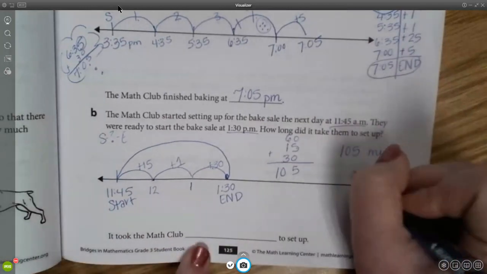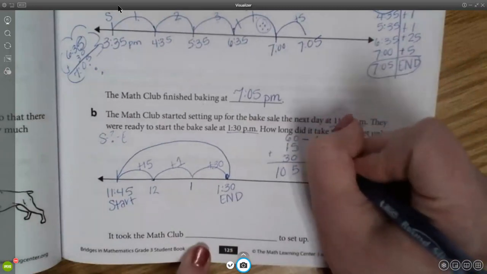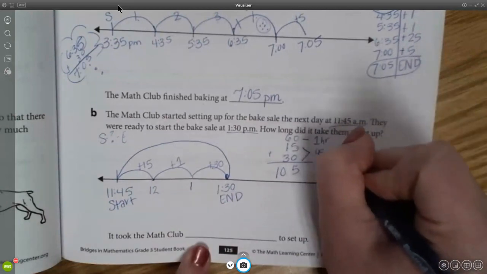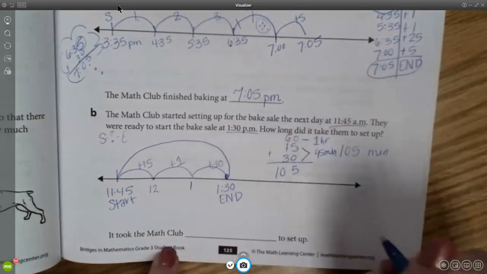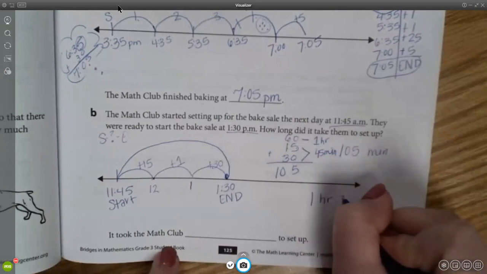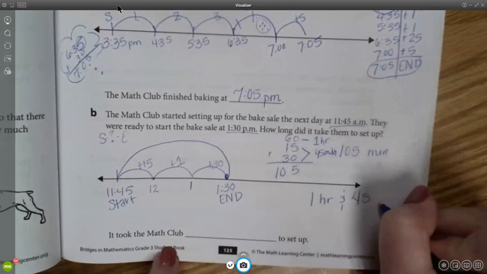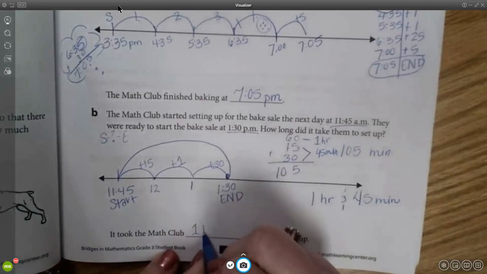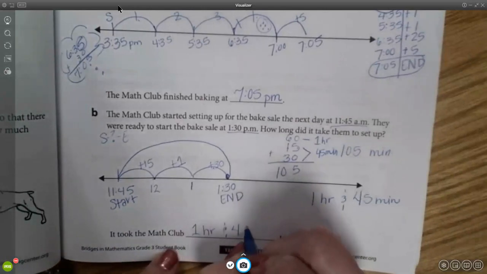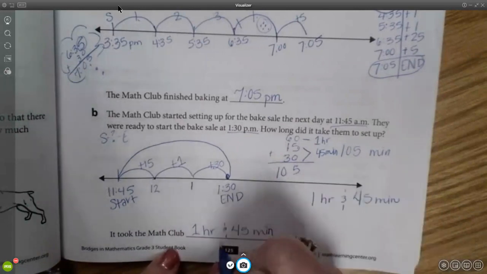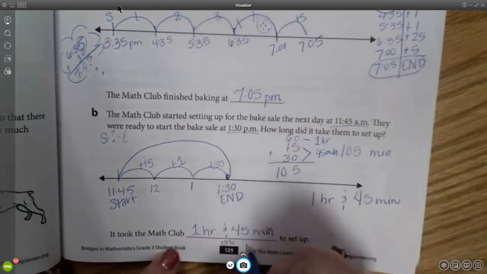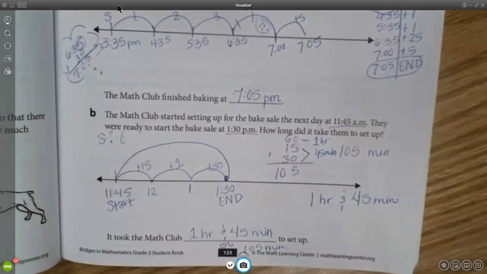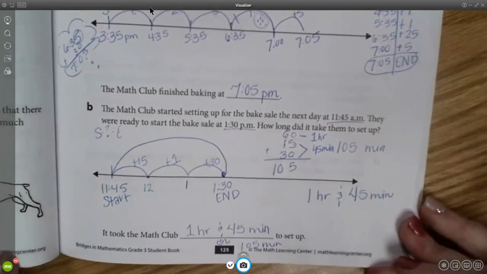I know that 60 minutes is 1 hour, and I know that 15 and 30 minutes is 45 minutes. So I could also say 1 hour and 45 minutes. It took the math club 1 hour and 45 minutes, or 105 minutes.